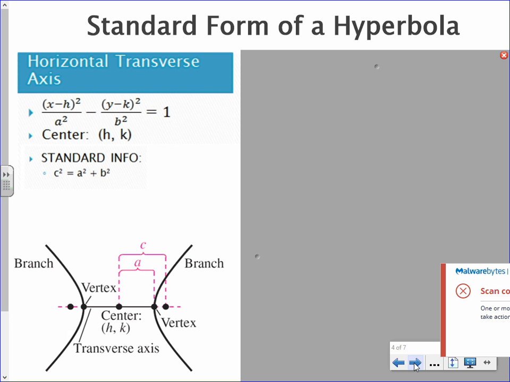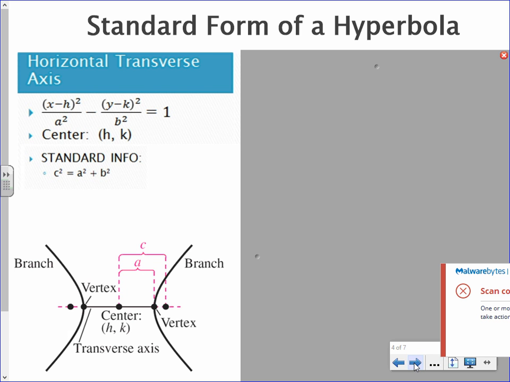What I'd also like you to make note of, so you'll see this when we get to our vertical example, is that a squared is always going to be associated with the direction. Since this is a horizontal hyperbola, the x squared is the positive one and it has a squared underneath.